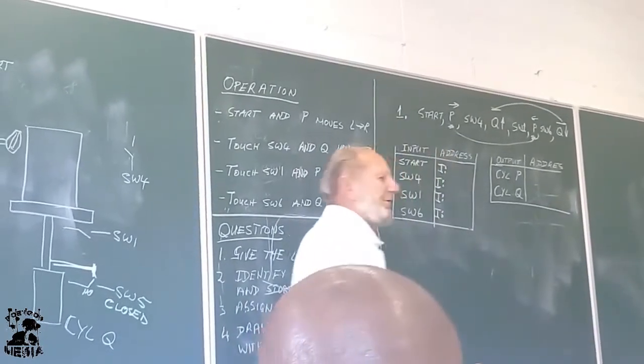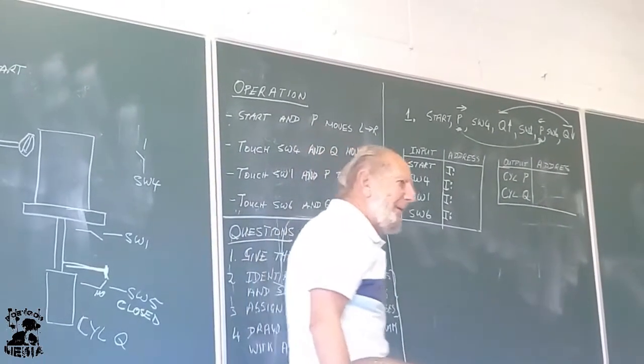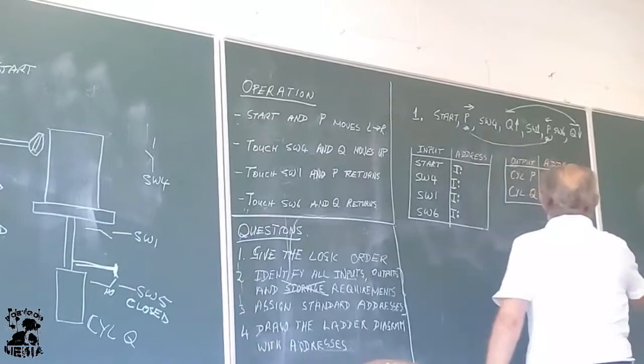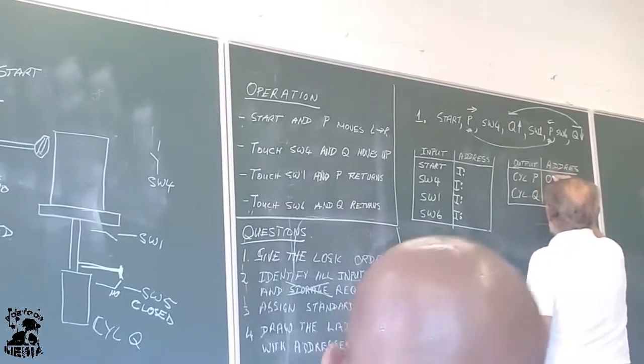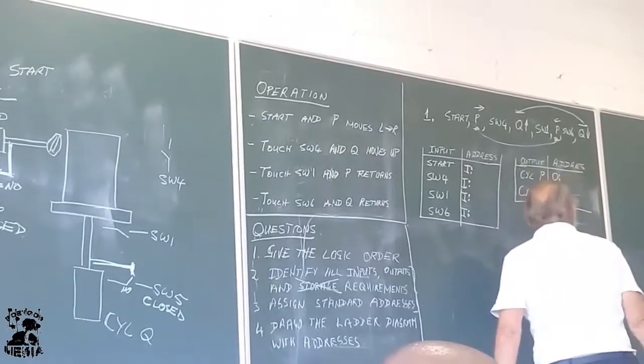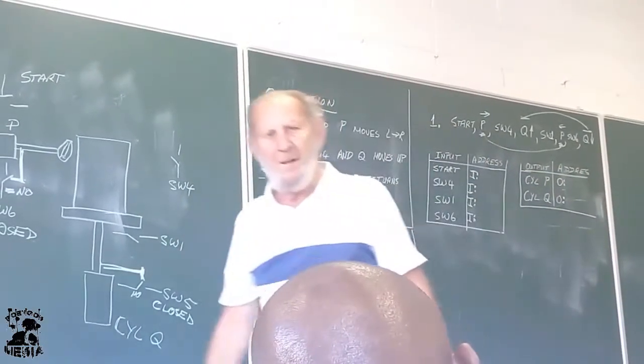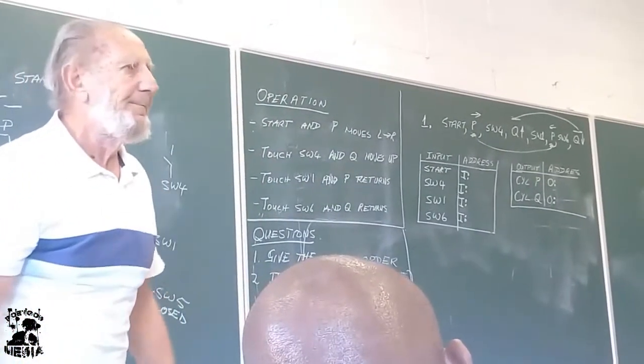They are all starting with I colon. And the output addresses, they start with O colon. What comes after the colon? Rack number.